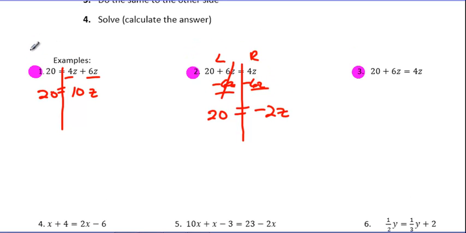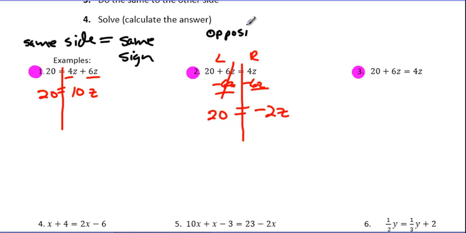For this one, we had same side, so we're going to write same sign. On this problem, our variables were on opposite sides, so we did the opposite sign.